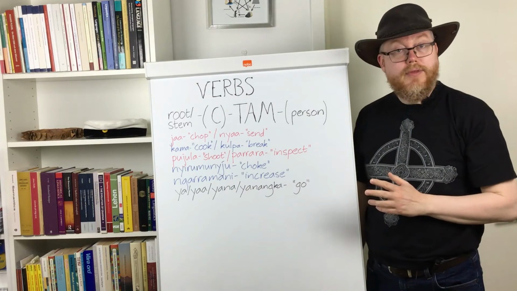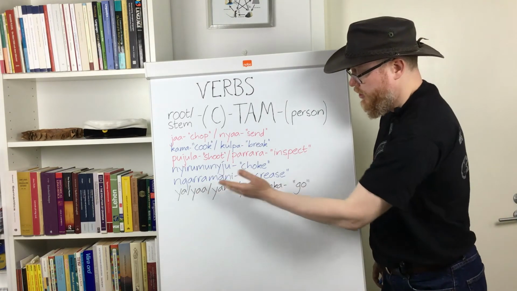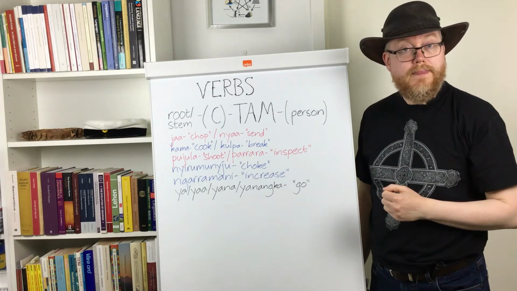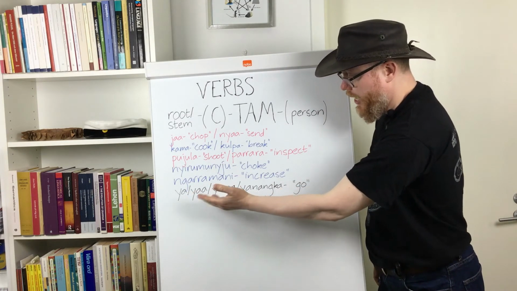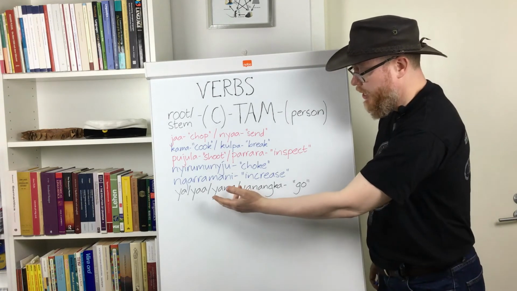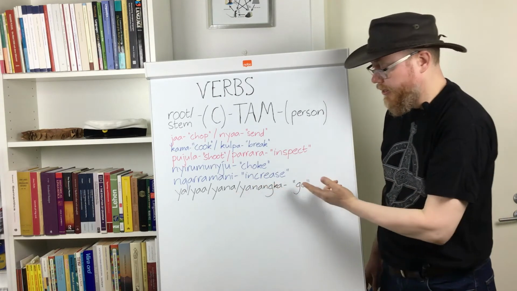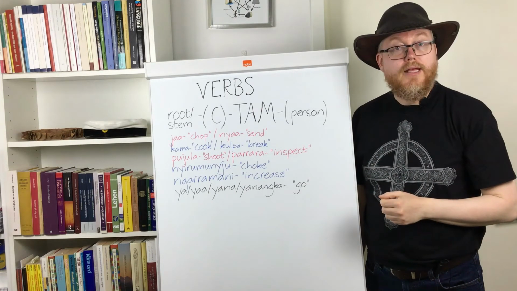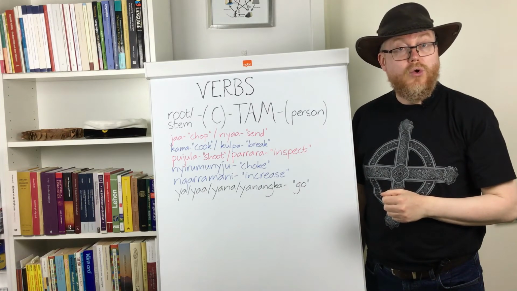For one thing, no less than 4 different roots are used with different tenses, aspects, and moods. So we get the monosyllabic ya and ya, the disyllabic yana, and the trisyllabic yananga. So simple verbs, sometimes also called simple verb constructions, or SVCs for short.